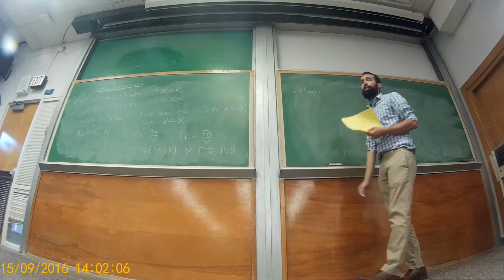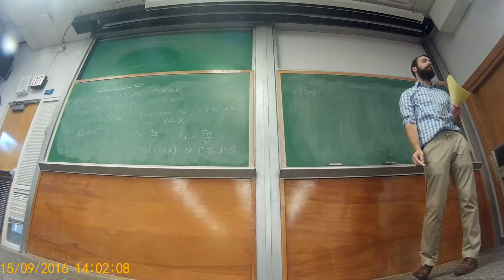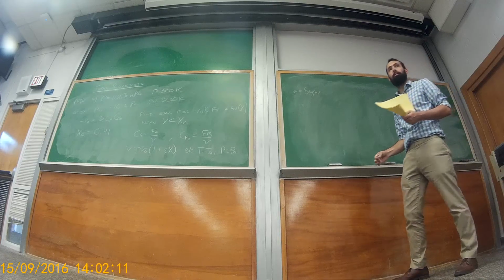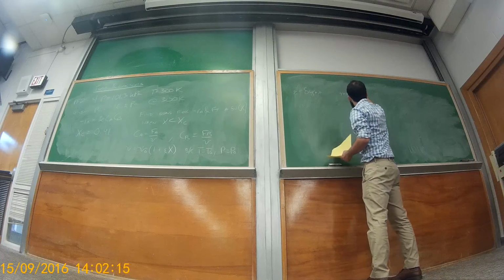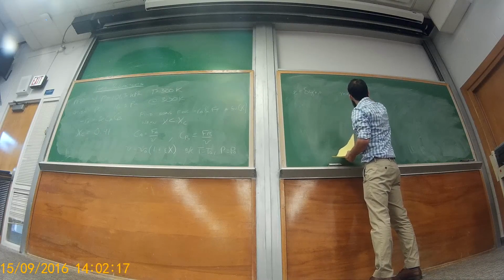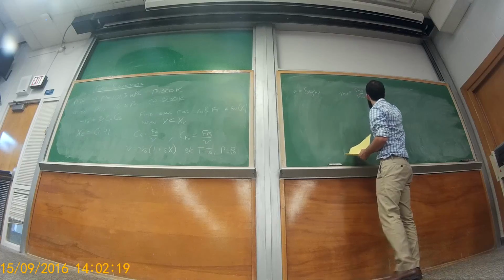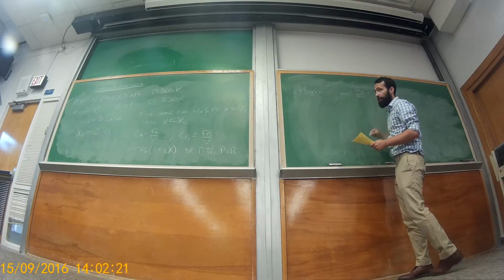So what's the initial mole fraction of A? One-third. 1/3. Right, stoichiometric feed.